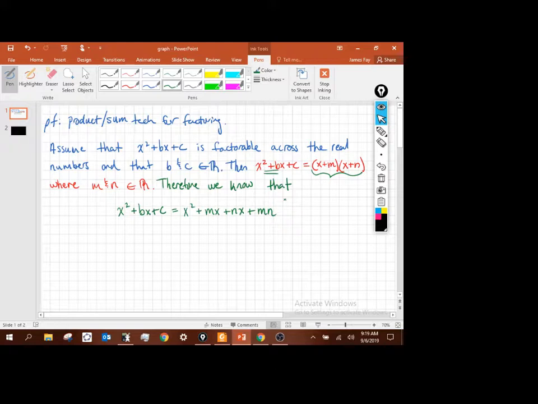And those two things should be equal, right? We start with x squared plus bx plus c. We know it factors down to two factors, and we're going to call them x plus m and x plus n. And we know that if we factor something, we can always undo that factoring through multiplication, right? So I'm going to multiply out that right-hand side, and I get x squared plus mx plus nx plus mn. Now, I'm going to rewrite this left-hand side, and I'm going to take the right-hand side, and I'm going to do this.